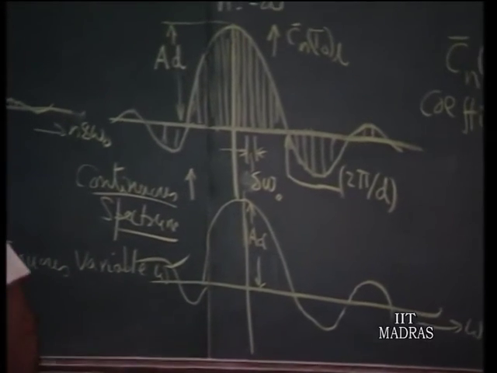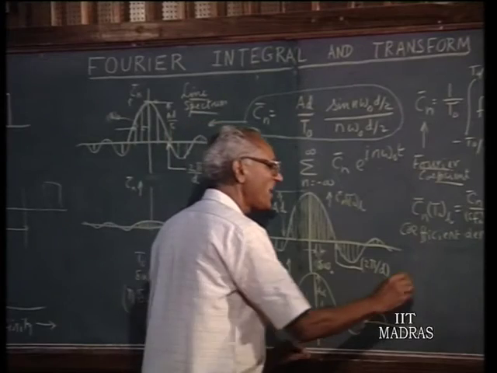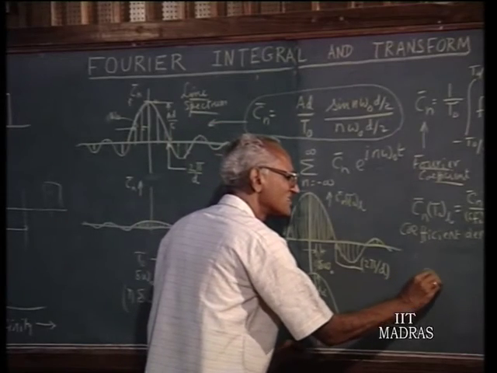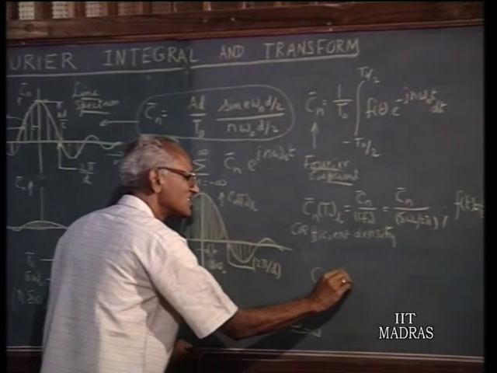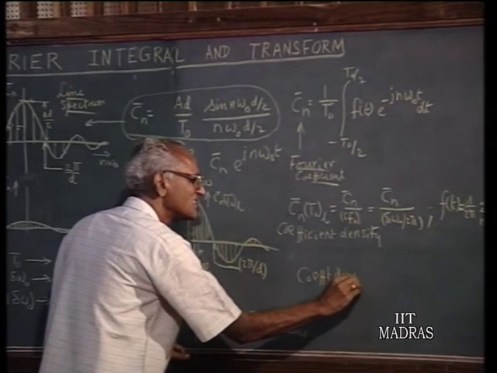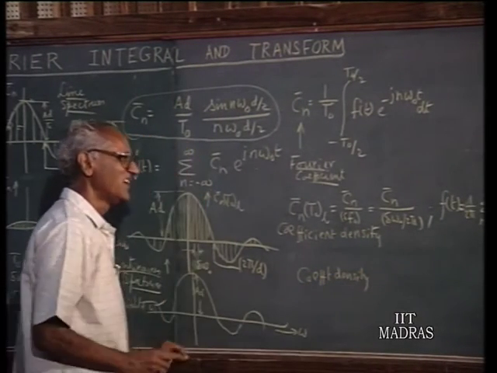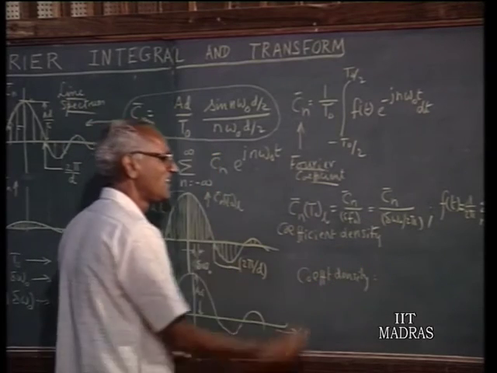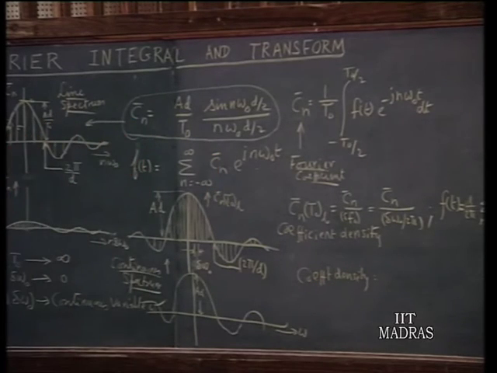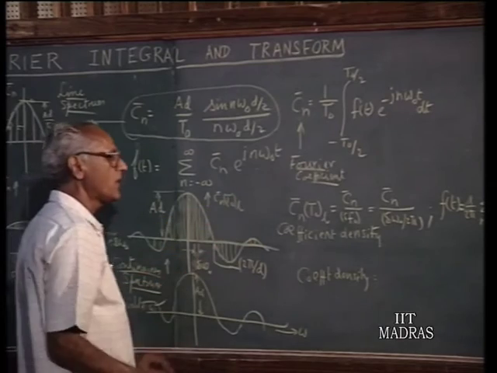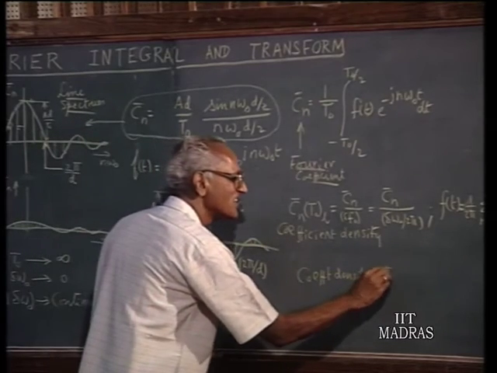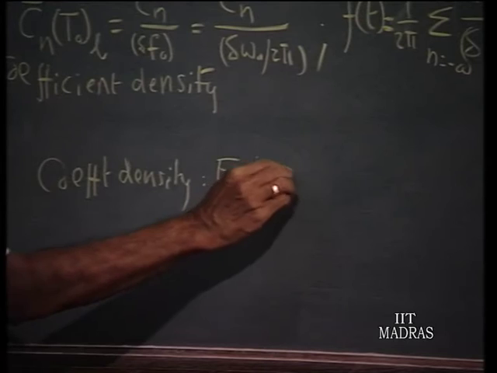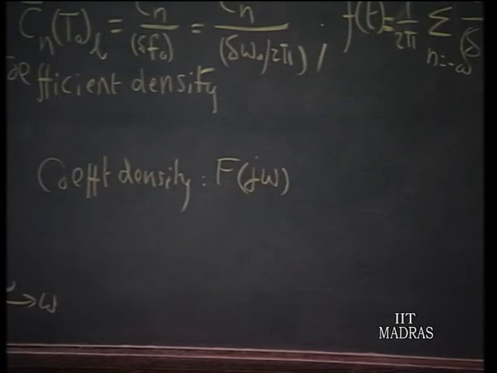So, now let us see what happens. The coefficient density is now C n times T naught, whatever we are having is called now F of j omega. That is F of j omega.